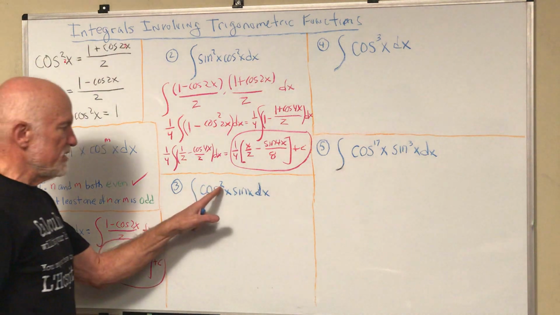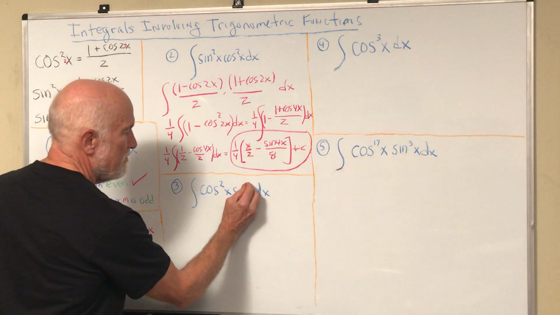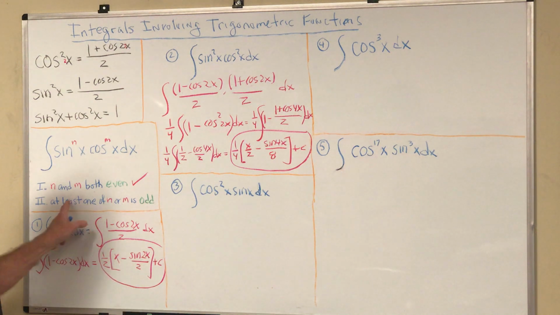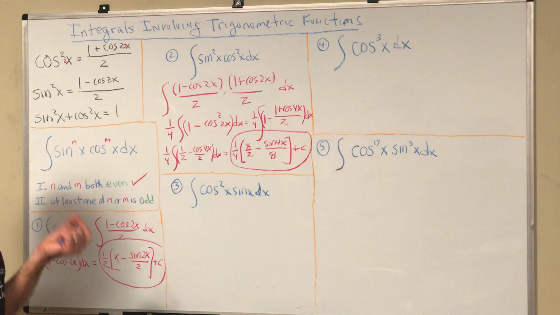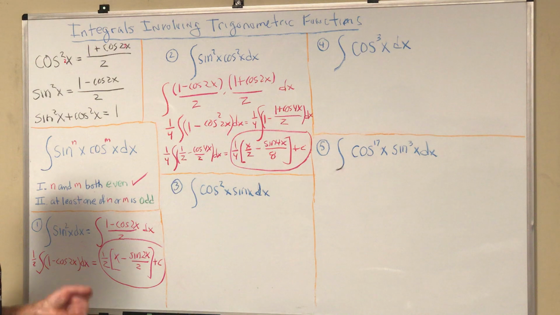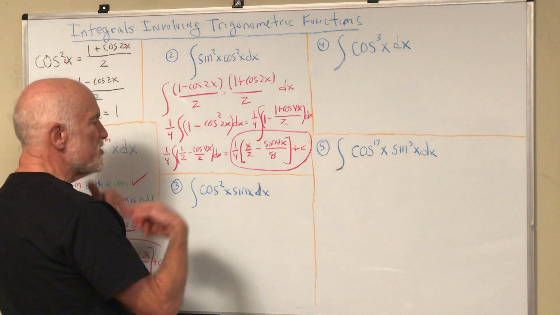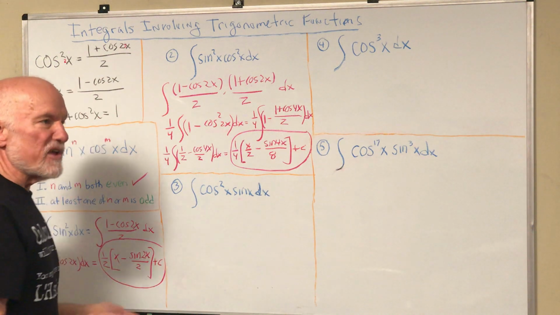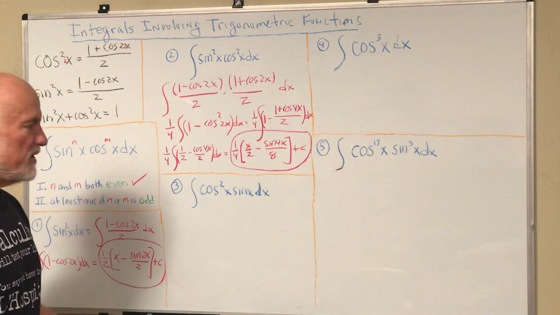This time, 2 is even, but 1 is odd. When you have a case like this, what you have to do is pull one of the odd ones out to become your du. Well, since this is only to the first power, it's already kind of pulled out.